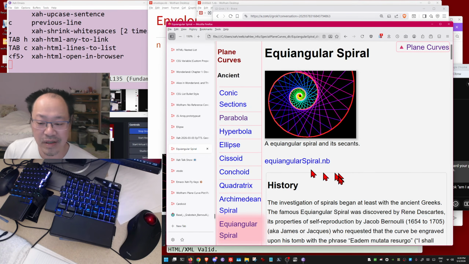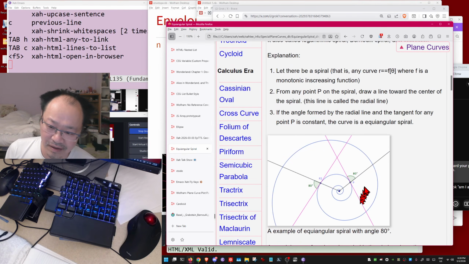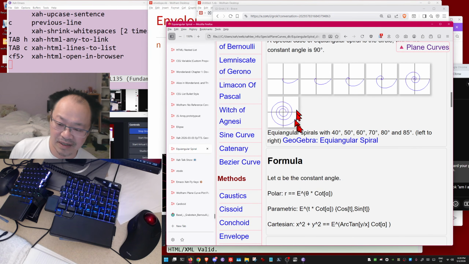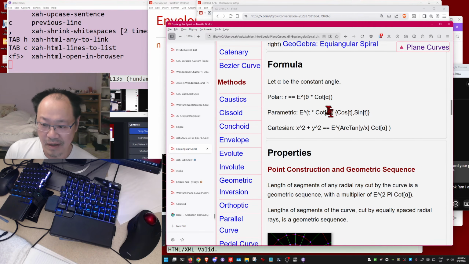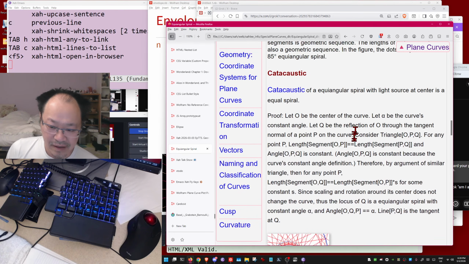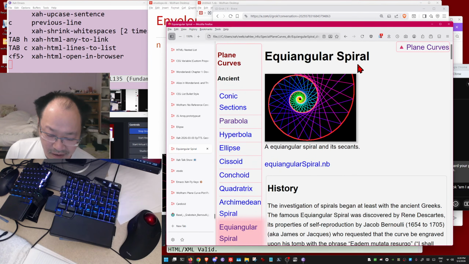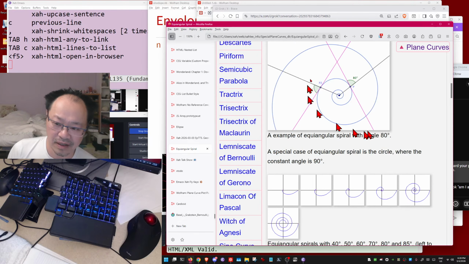When you say logarithmic spiral, that's because the formula turns out to be a logarithm, but that's not a good name. Anyway, that's the definition of this spiral, equal angular. You can see the property illustrated here.